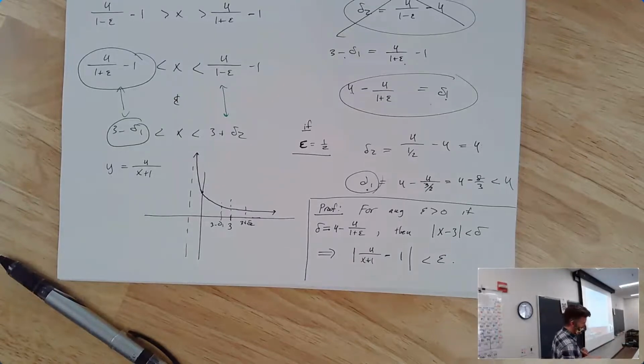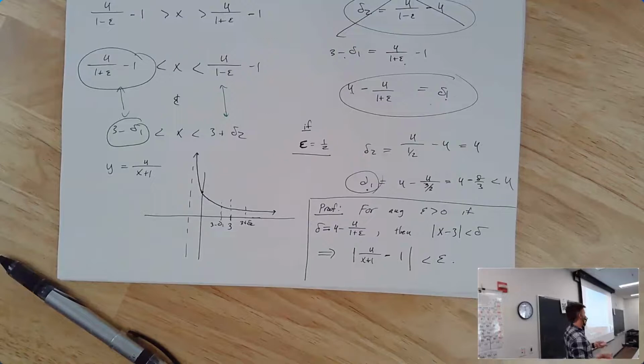But I will still say this, you would never do this to prove a function is continuous somewhere. The only reason we are really doing this is to drive down into the details of why a limit is what it is.